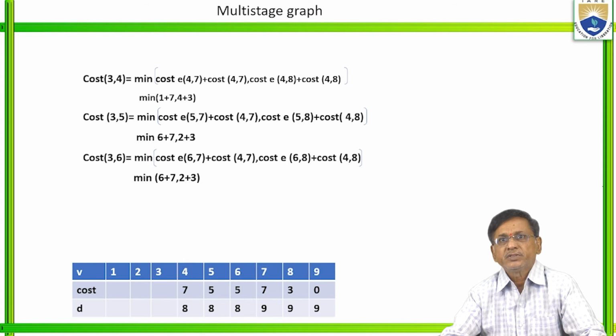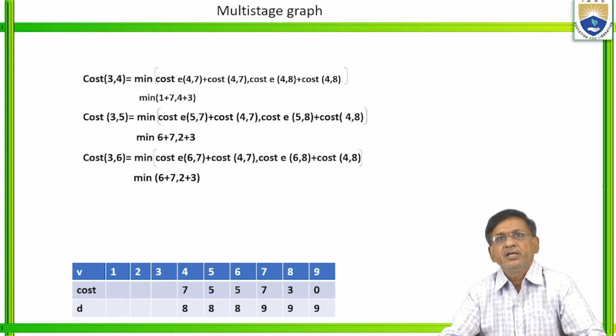So we have to take the minimum of 6 plus 7 and 2 plus 3. 6 plus 7 is 13, 2 plus 3 is 5. The minimum is 5. That is corresponding to the destination, vertex 8. So you can write the same thing corresponding to the 5. The cost is 5 and the destination is 8.